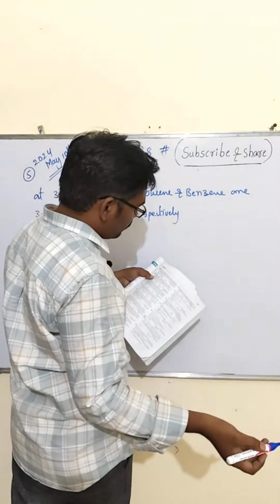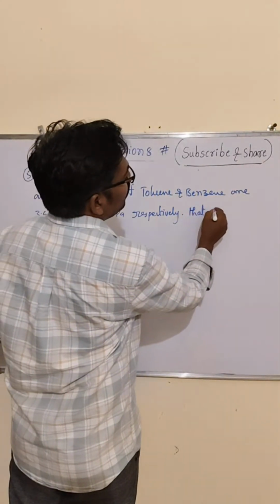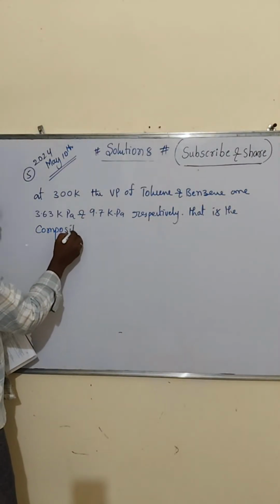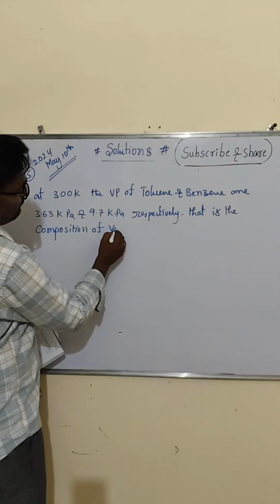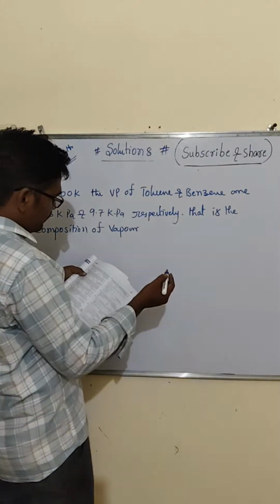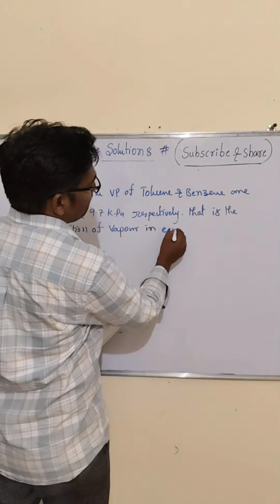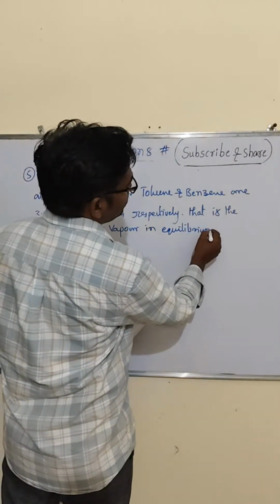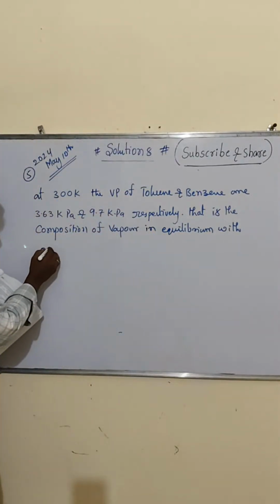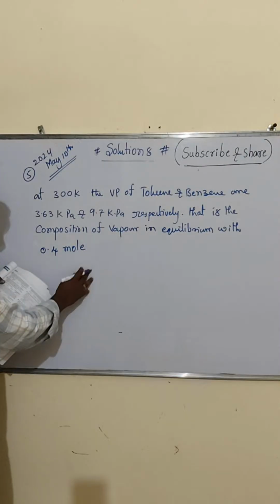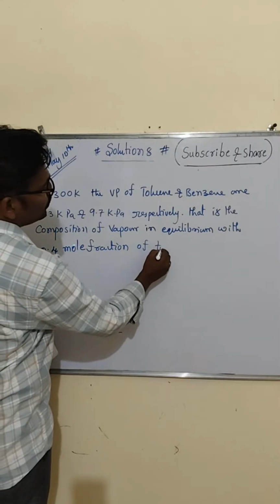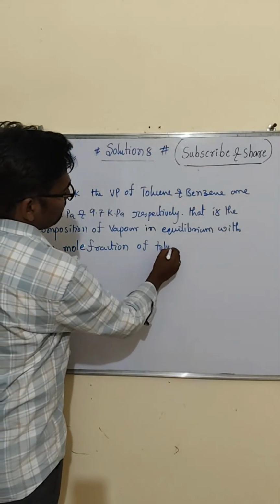What is the composition of the vapor in equilibrium with 0.4 mole fraction of toluene? This is the question.